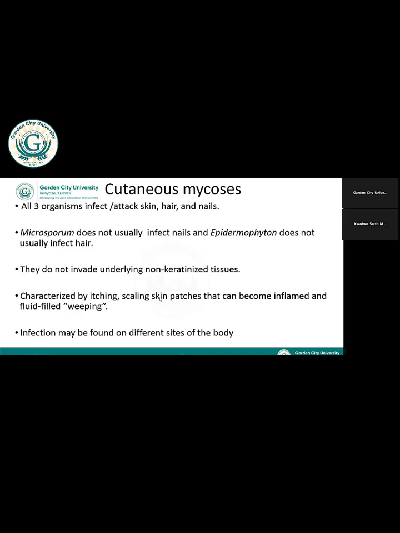You have scaling of the skin patches, and mostly you have inflammation. In some cases, you have fluid collections under the skin. And unlike the superficial, you can have these infections on different sides of the body.